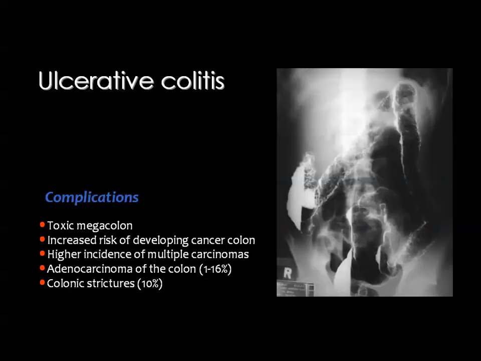One of the famous complications is toxic megacolon, which I will mention in a moment. There is an increased risk of developing carcinoma of the colon. Ulcerative colitis is one of the predisposing factors for carcinoma, and you may get multiple carcinomas in the colon, and of course strictures in the colon are also seen together with perforation.